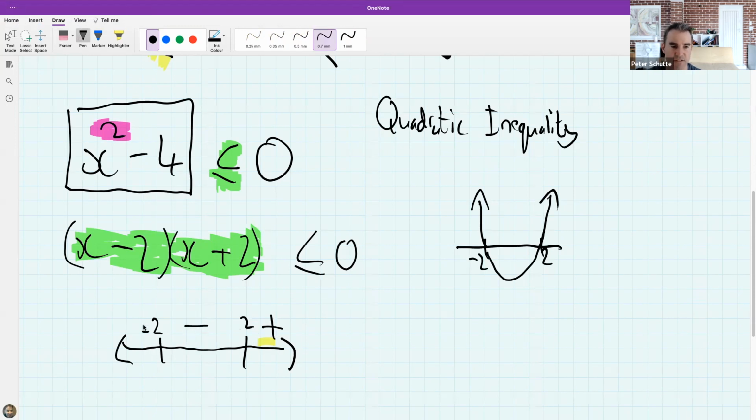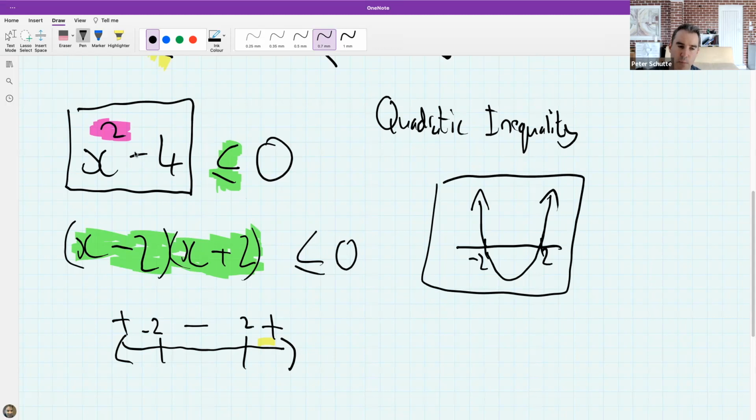So it's going to be negative here and then positive again here. You can see this on the parabola representing x squared minus 4. So this expression will be positive when x is greater than 2, negative between minus 2 and 2, and positive when x is less than minus 2.